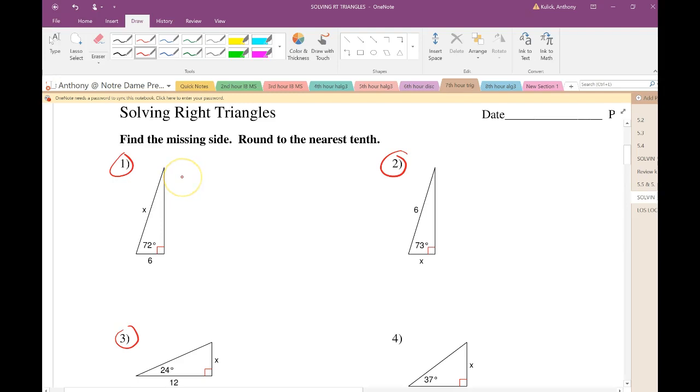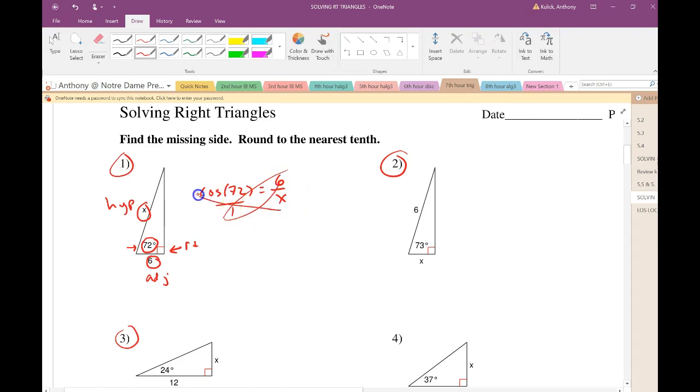So this one is just asking us to find the missing side. If I am using this 72 angle, which is the one that I know, this side is the adjacent, and this side is the hypotenuse. Since I'm in a right triangle, I can say that cosine of 72 is equal to adjacent over hypotenuse.